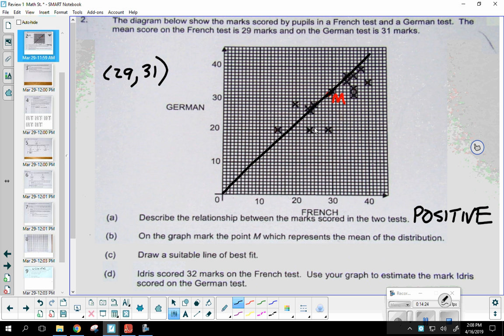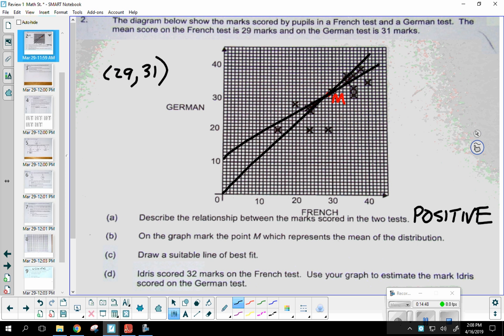I got 1, 2, and it looks like it's hitting 1, 2, 3, 4. I don't know. Well, let's go ahead and draw the line both ways. And the question was, use the graph to estimate Idris' score on the German test.